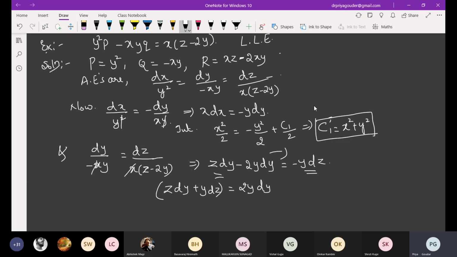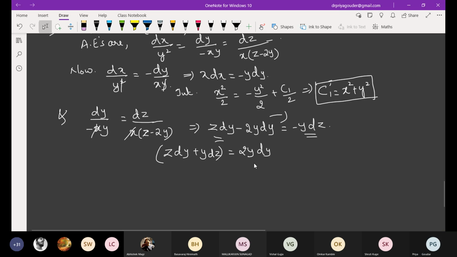Can you tell me what this is looking like? Z dy plus y dz. It is looking like what? What is applied there? Product rule. Very good. Who answered?